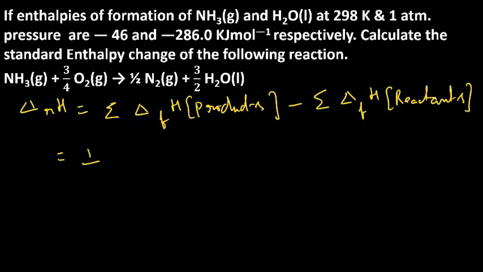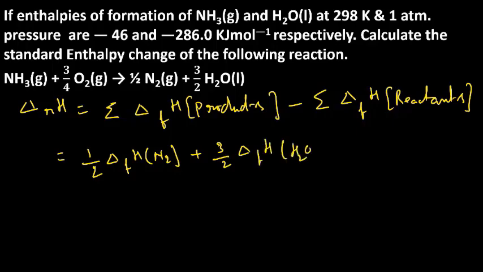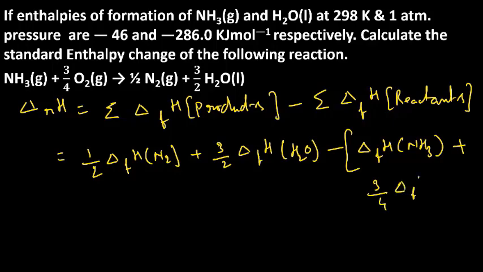Therefore, 1 by 2 delta FH nitrogen plus 3 by 2 delta FH, enthalpy of formation of water, minus the reactants. Reactants are ammonia and oxygen. Ammonia, only one molecule is there. Therefore, delta FH NH3 plus 3 by 4 delta FH of oxygen.